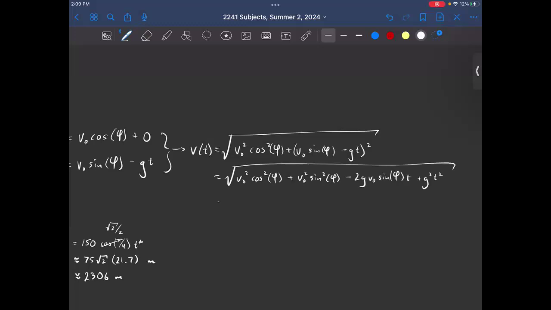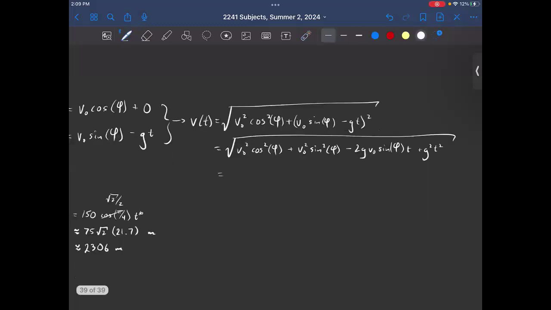All right. Well, I know that I can factor out v0 squared, and then cosine squared plus sine squared is 1. So I can simplify this a little bit to v0 squared minus 2 v0 g sine of phi times t plus g squared t squared. And if we're a little bit clever, we can factor out a g squared from every term here. We'll see some stuff that looks familiar.